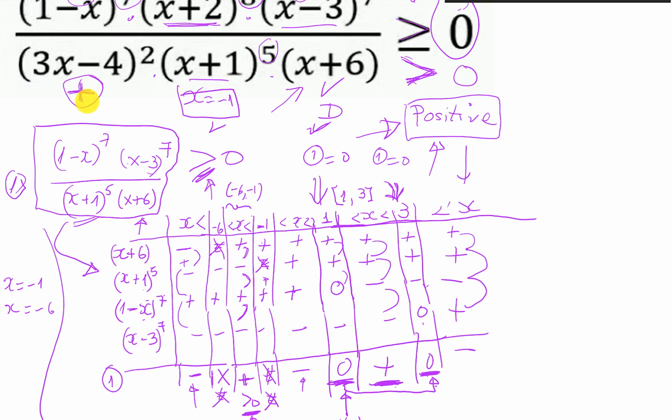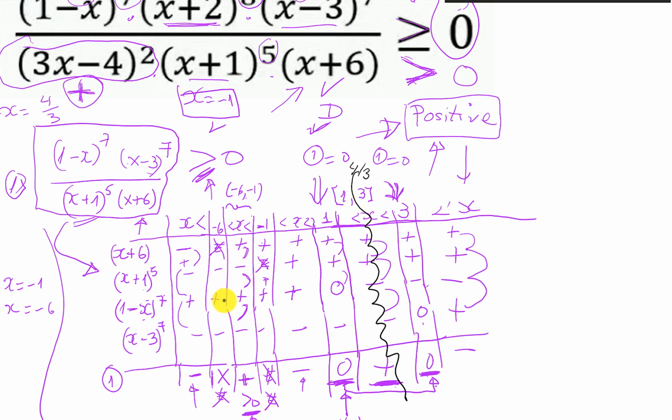But I forgot this rule because this power was even, and this root is x equal to 4 divided by 3, 1 point something, one number someplace here, with this 4/3.